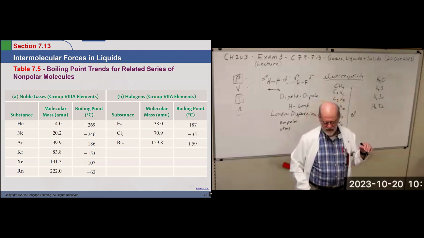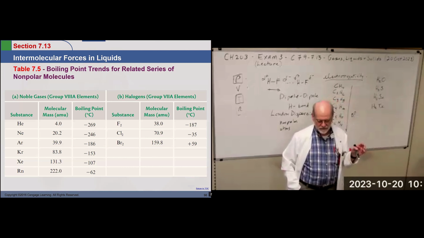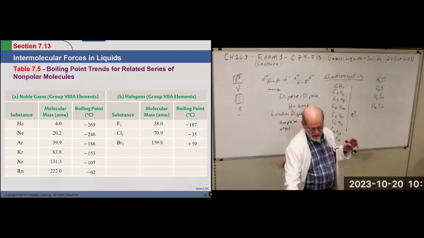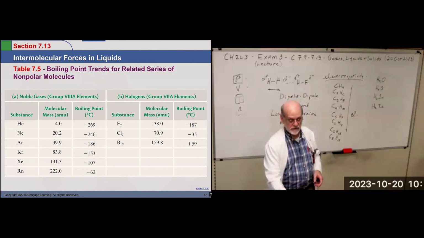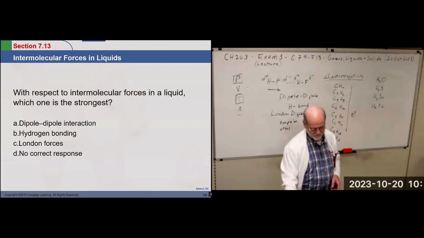Let's see, if we add 4 to that, would be 273. Yeah, that's right, 4K. And then if we get bigger, then the boiling point increases for neon, increases for argon. The bigger and bigger you get, the more prominent and more effective the London dispersion forces are for those atoms. All right.